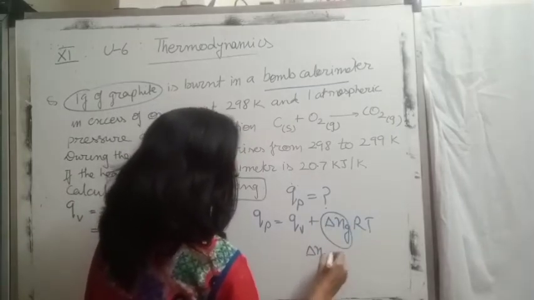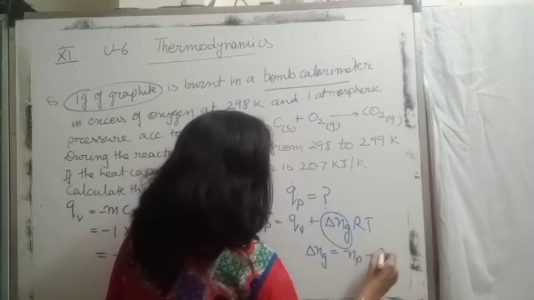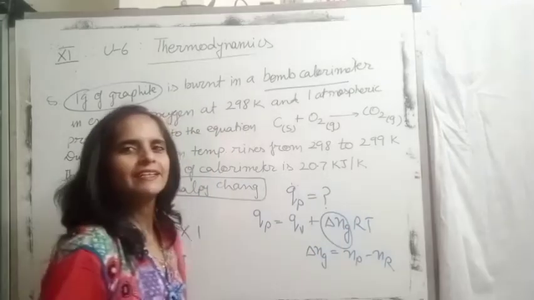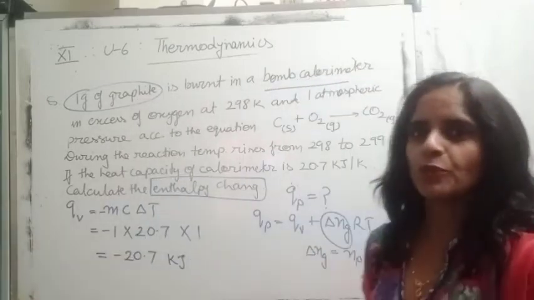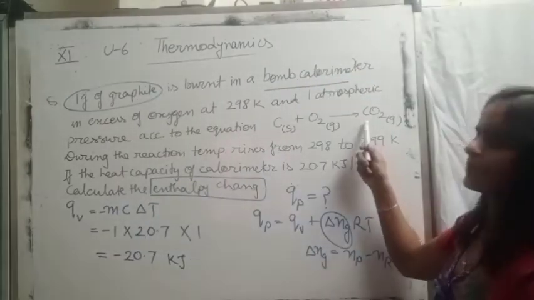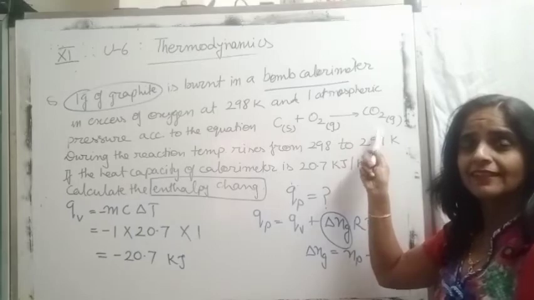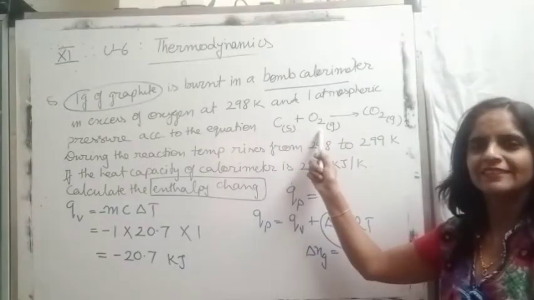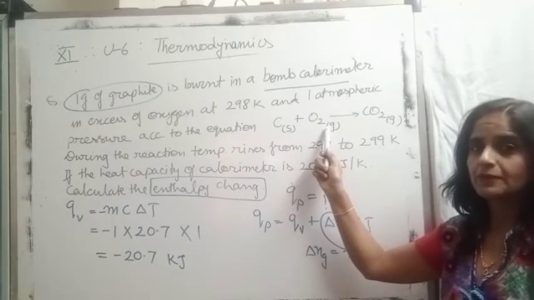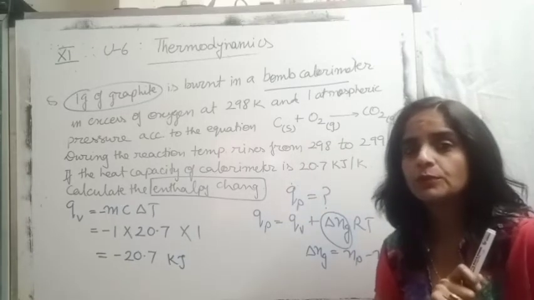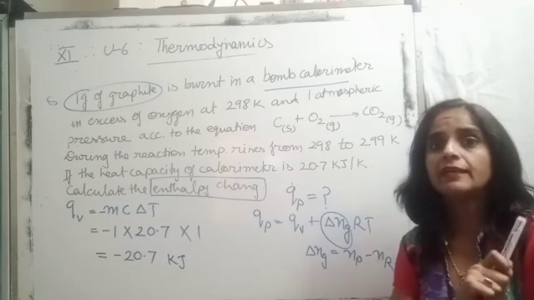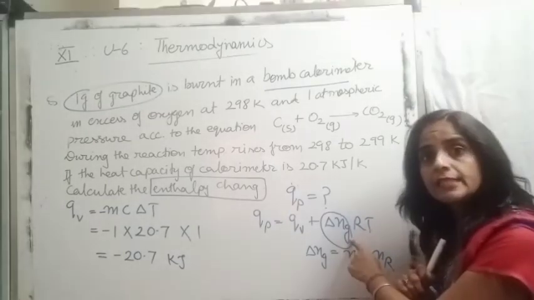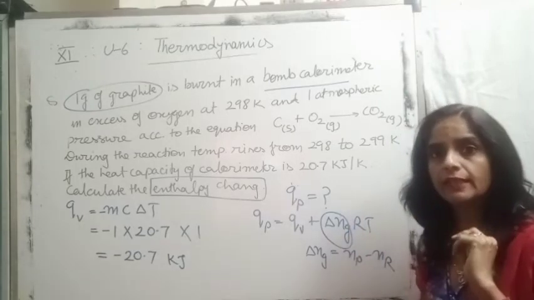Delta Ng equals to number of moles of product minus number of moles of reactant. Now tell how many moles of products are there? 1 of course. And how many moles of reactants are there? Can I say 2? 1 plus 1. If you are saying 2, you are doing blunder really, because clearly it's written delta Ng. G stands for gaseous state.